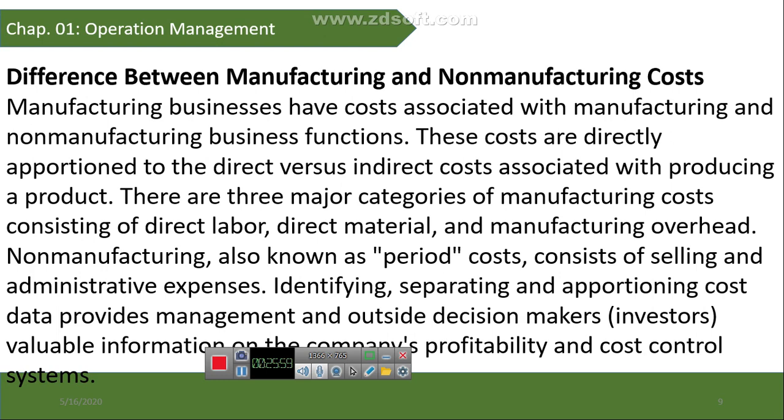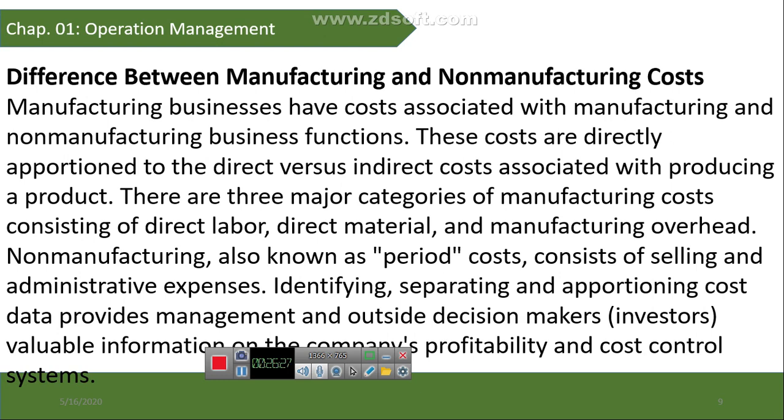Direct labor cost. Labor is the most costly of any business, but it is also the backbone of the company. Manufacturing companies have labor costs associated with direct manufacturing and non-manufacturing labor. In order to determine the cost of goods sold, calculating labor cost is essential.